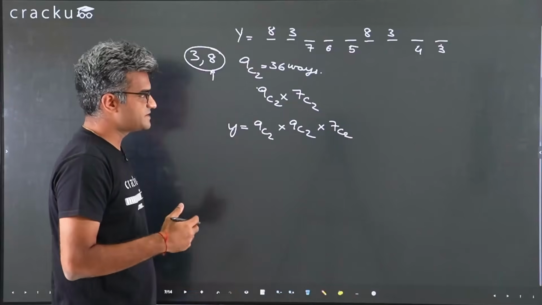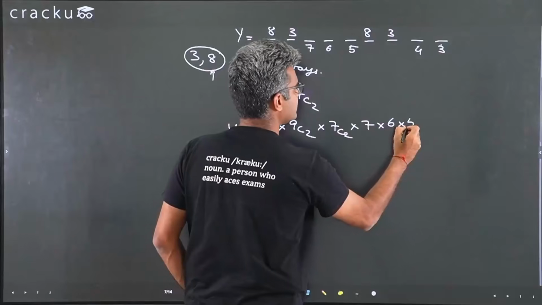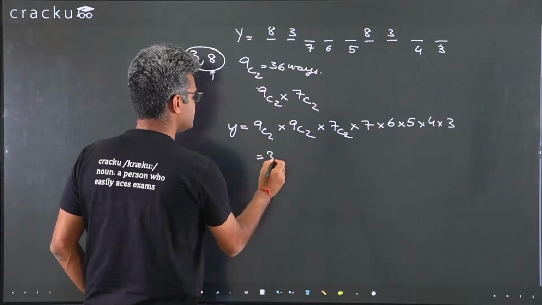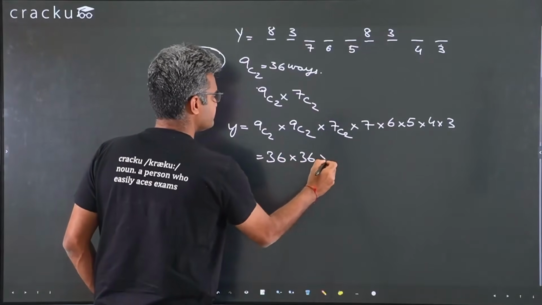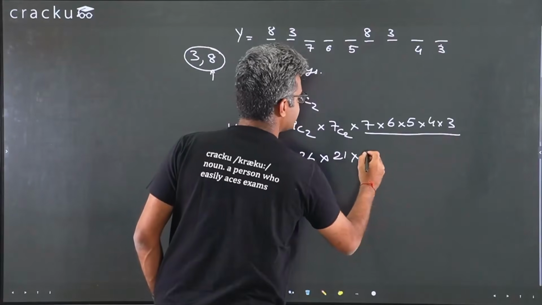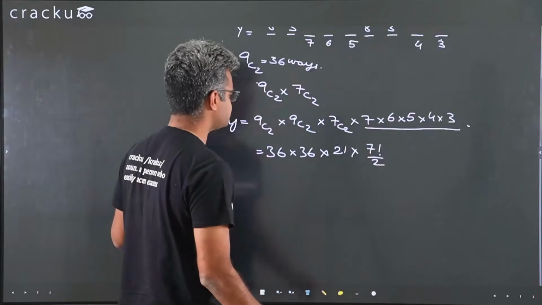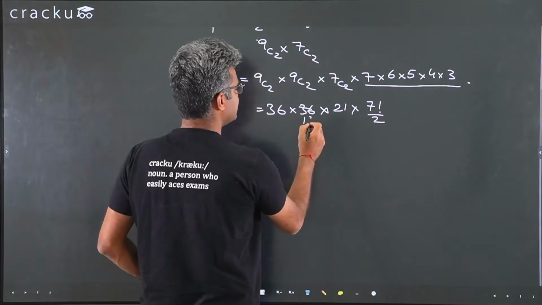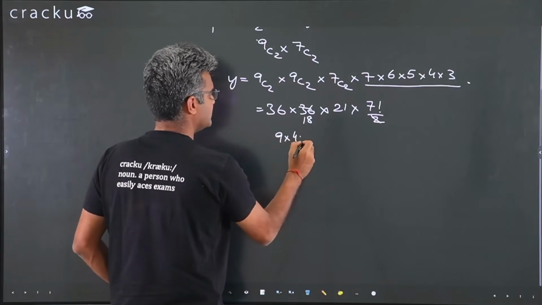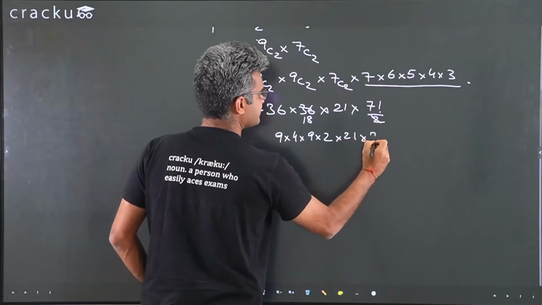This is for selecting the 2 places for 8, into 7 into 6 into 5 into 4 into 3. 9C2 is 36 into 36 into 7C2 is 21 into this is basically 7 factorial divided by 2, because we don't have a 2 at the end. 36 is 18 and you can cancel this. This is 9 into 4 into 18 is 9 into 2 into 21 into 7 factorial.